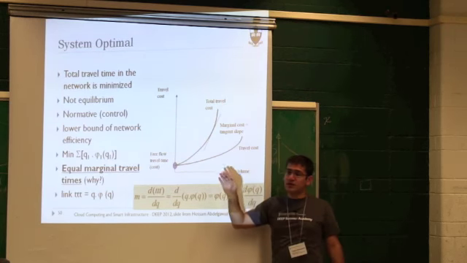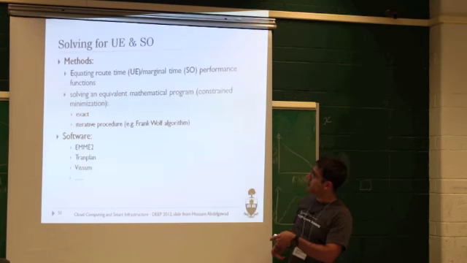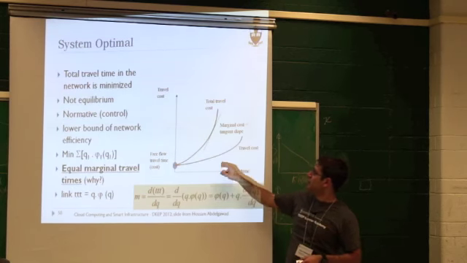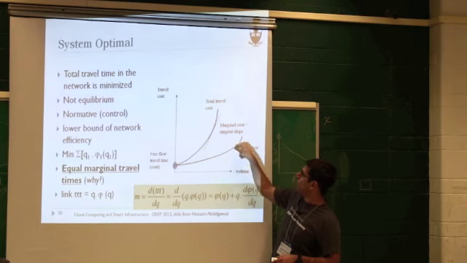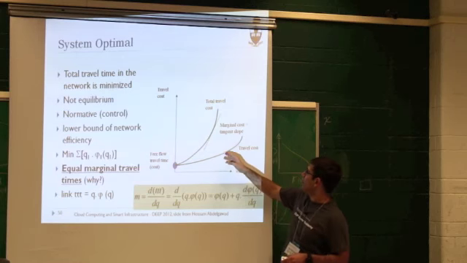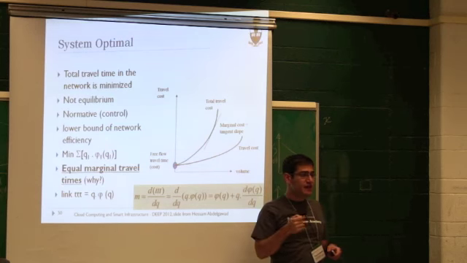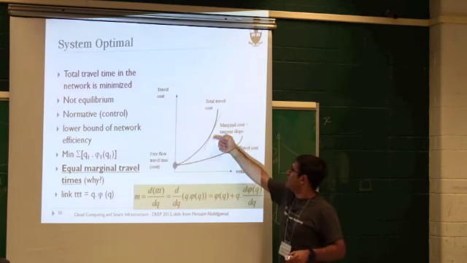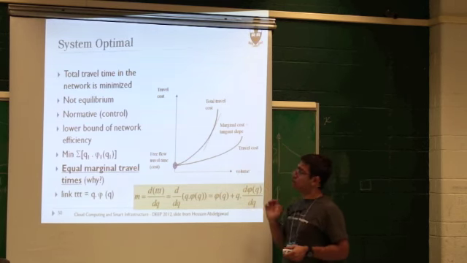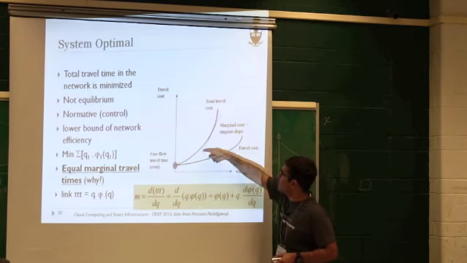Here, instead of having an intersection like I had before, I'm going to go to the points where the marginal costs are equal. As long as this is the cost of adding an additional vehicle, moving it from here to here is better. And how do I get that? By the marginal cost. Then I take one vehicle from here and I move it here. So I go down here and I go up here.